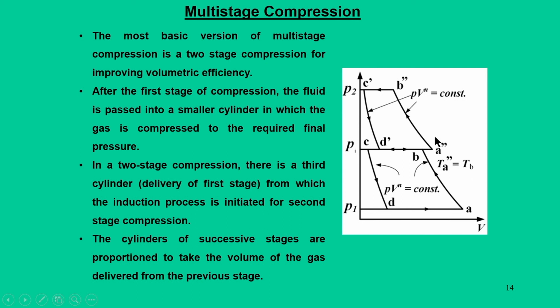So, the next stage compression has to start at a higher temperature. The second stage cycle starts at points A double dash, B double dash, C dash and D dash. This is the LP stage, that means the low pressure stage, and this we call the high pressure stage.